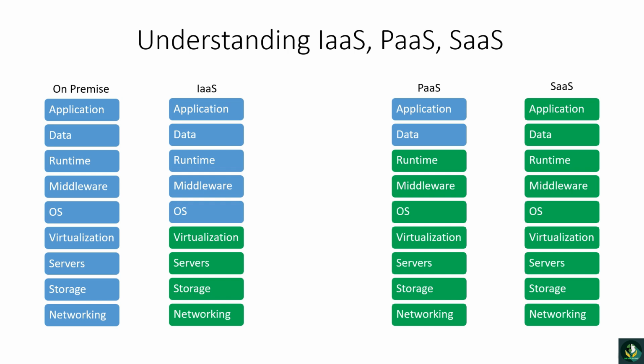Same with the middleware. You won't have the ability to interact with the middleware that's running on all the infrastructure. As a service, you may still have some configurability by virtue of an application you deploy, or perhaps by virtue of their management portals.